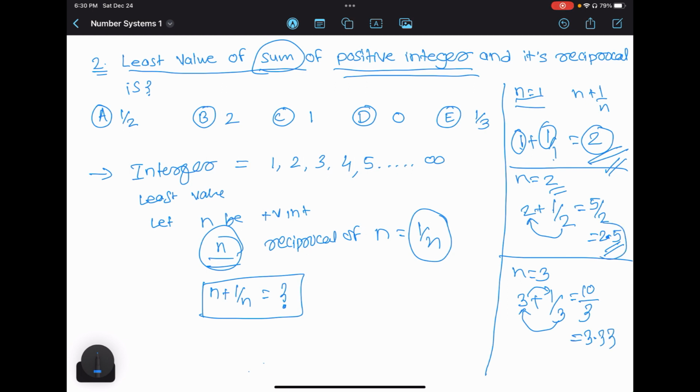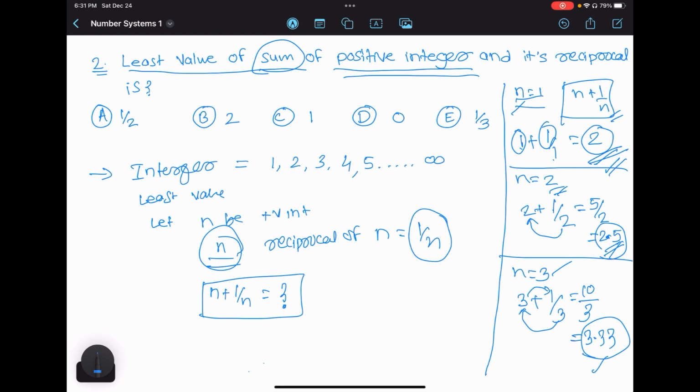So when we let n be 1, the answer was 2, then we increase to 2, the answer is 2.5, and then we increase to 3, the answer becomes 3.33.